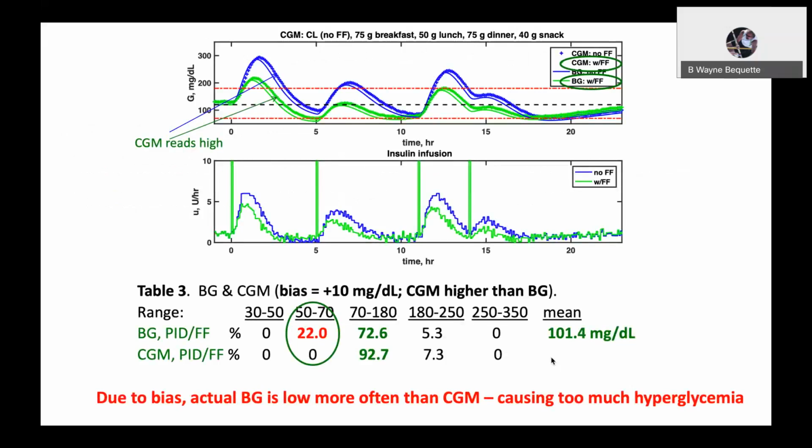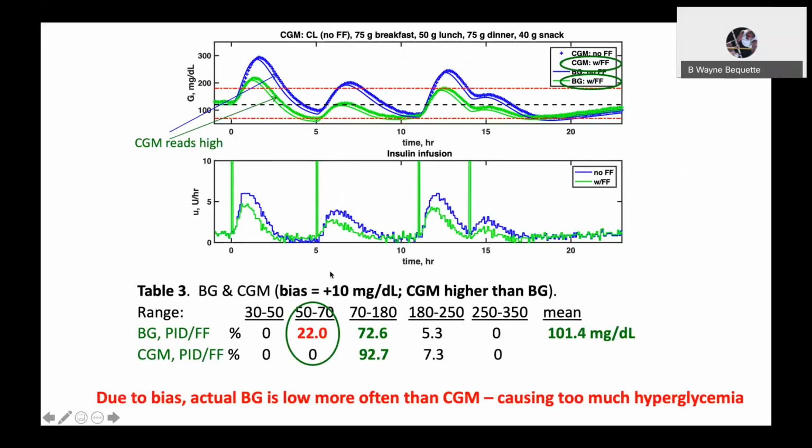So in these studies, you can see on the top, for example, whether it's PID only without feed-forward control, the CGM is reading higher because of that positive bias. And that's also the case when you do have meal announcement shown in green.